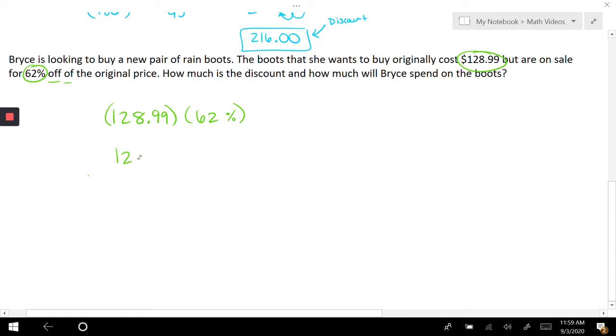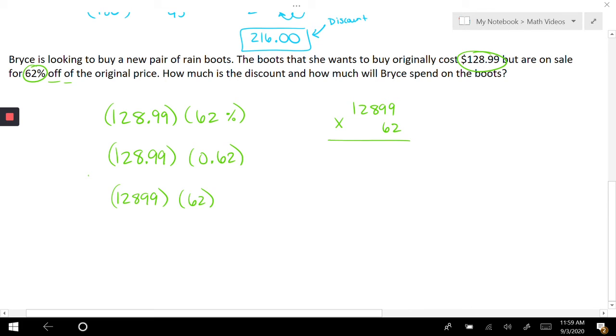Let's convert it all to decimals. 128.99 multiplied by 0.62. And if I'm going to be multiplying two decimal numbers, I'm going to treat it like it's 128.99 multiplied by 62, and then I will place my decimal back in again at the end. So 128.99 times 62.